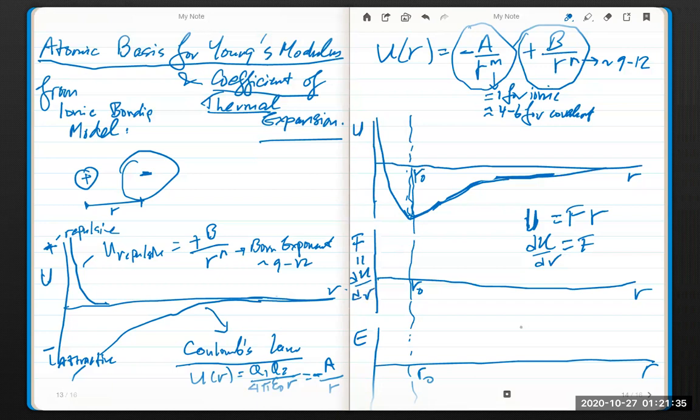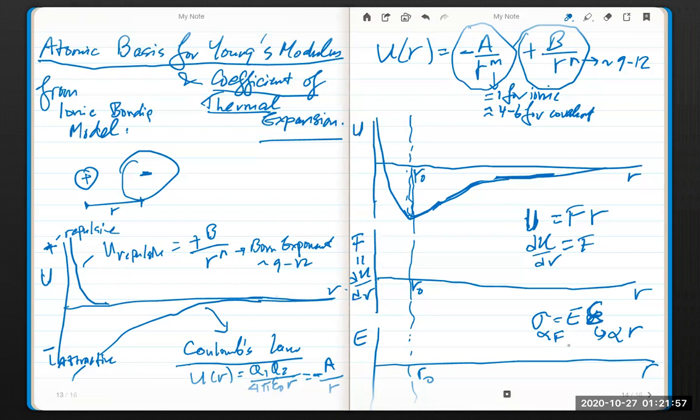And what about Young's modulus? Well, we know that stress is equal to Young's modulus times strain. And strain can be thought of as proportional to R, which is the distance. The bigger the R, the bigger the strain. Well, sigma is proportional to F, right?